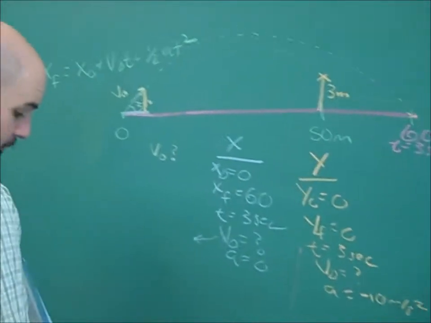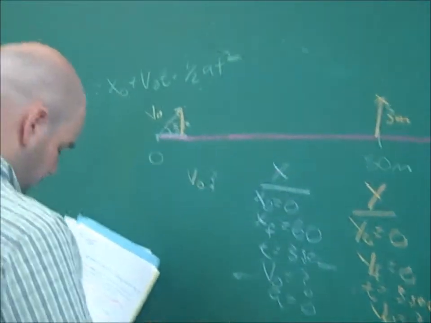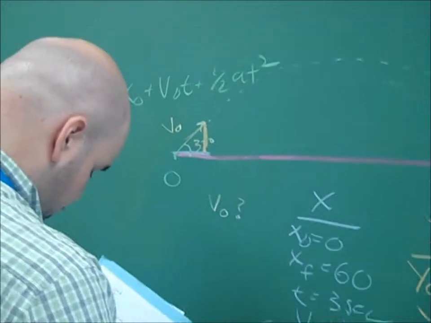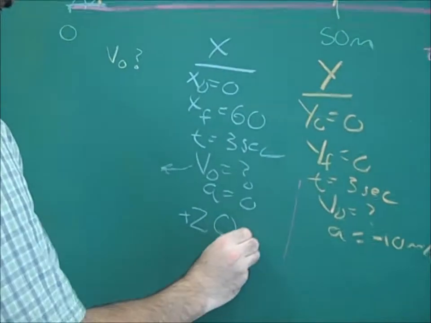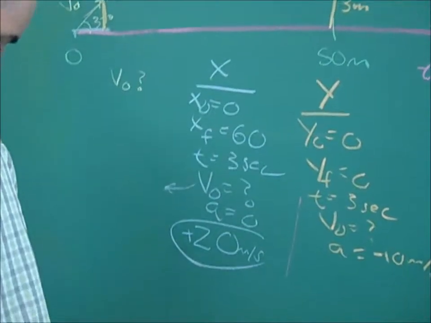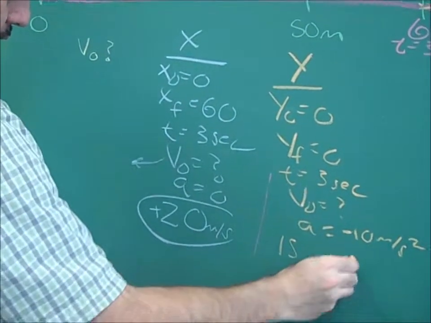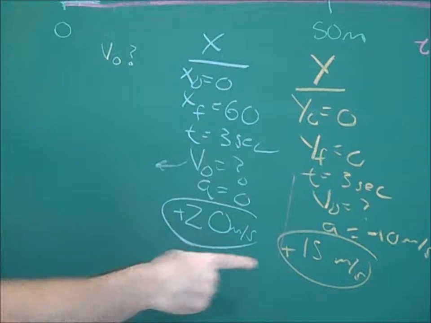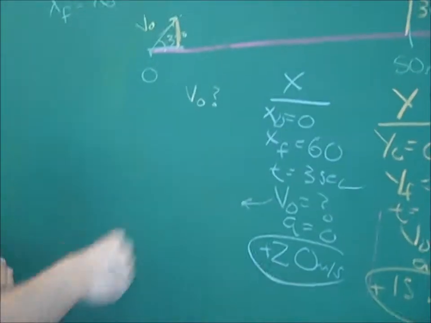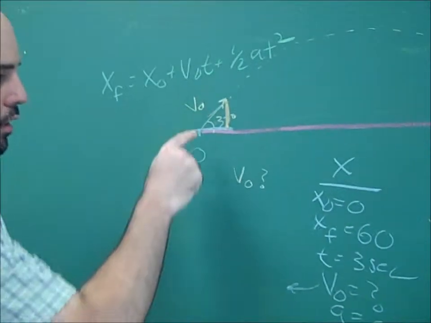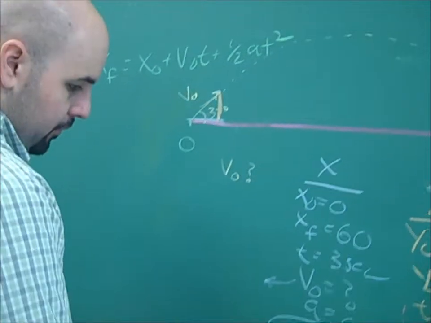And you get the initial velocity of 20 in the x, positive, meters per second, and 15 in the y, positive. You knew it had to be true that this was less, because at 37 degrees it's less than 45. You have more forward than up.